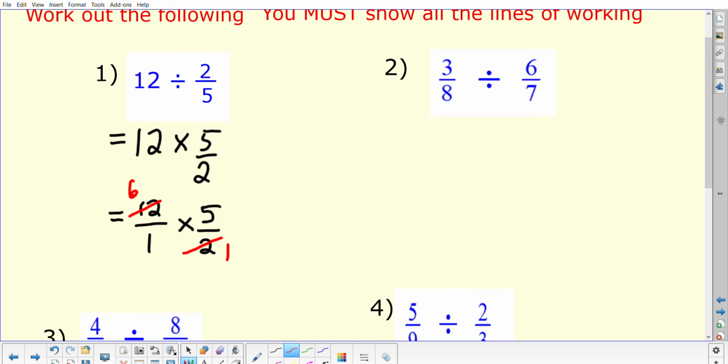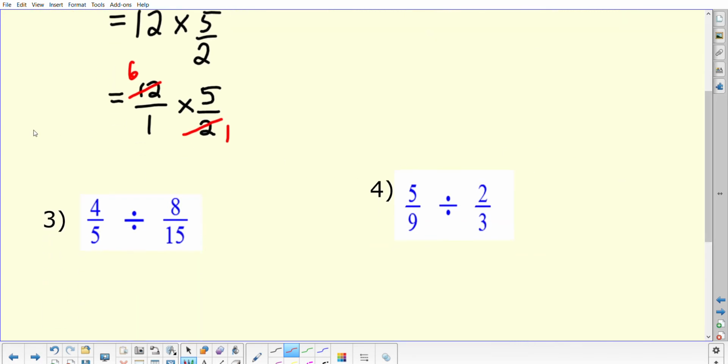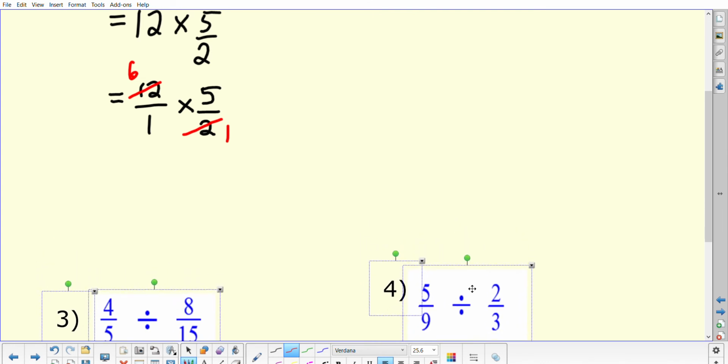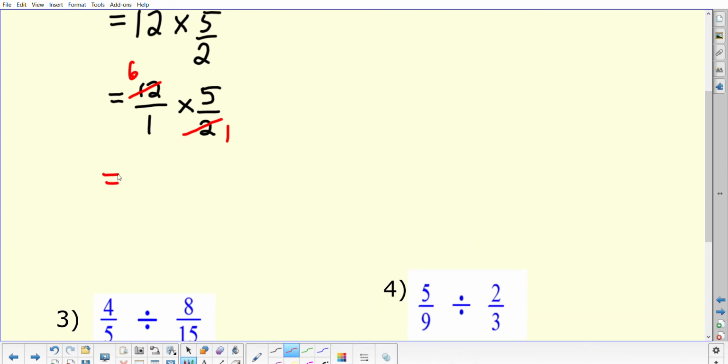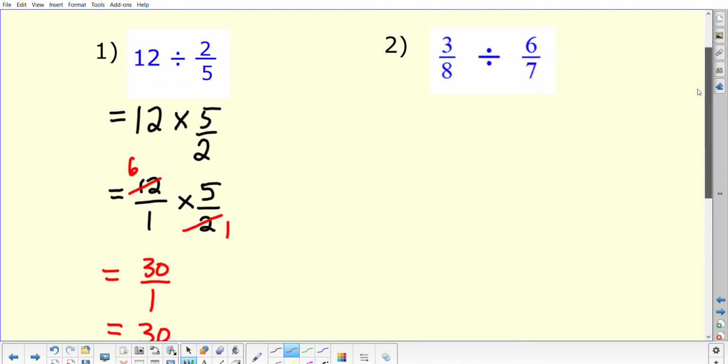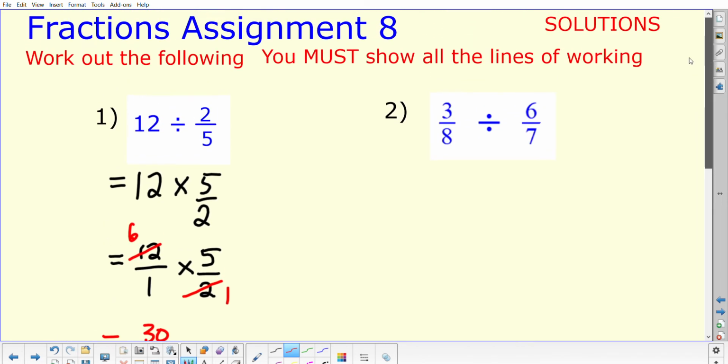You'd end up with your answer of 30 over 1, and we know that 30 over 1 is the same thing as 30. Make sure you write your final answer as 30 and don't leave it as 30 over 1. Hopefully you got that correct.